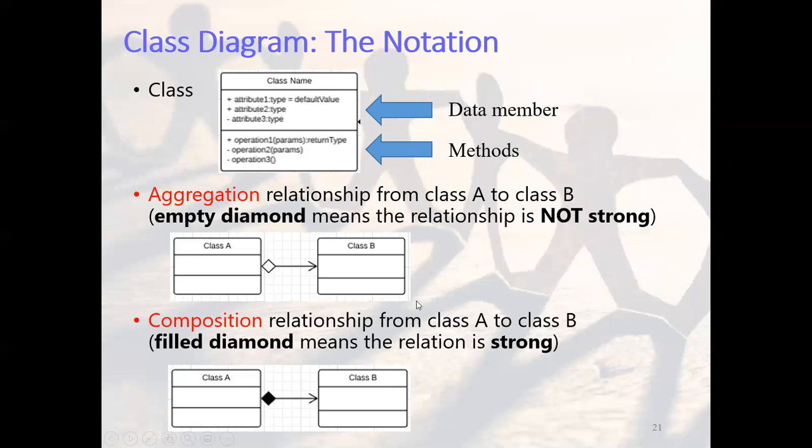Now, for relationships between classes, as we have seen before, we use the empty diamond to represent aggregation, or a weak relationship between objects or classes, and the filled diamond, like this one, to represent a strong relationship.